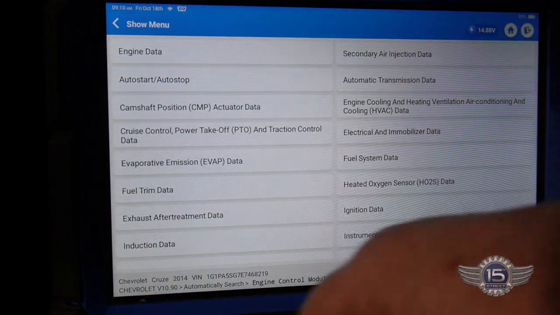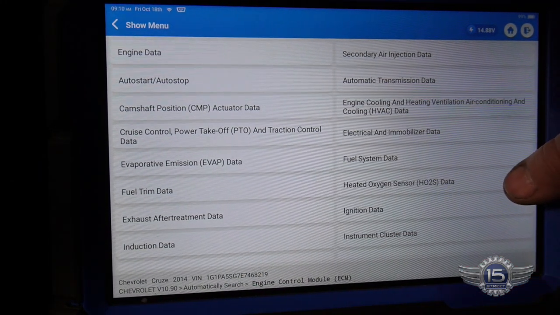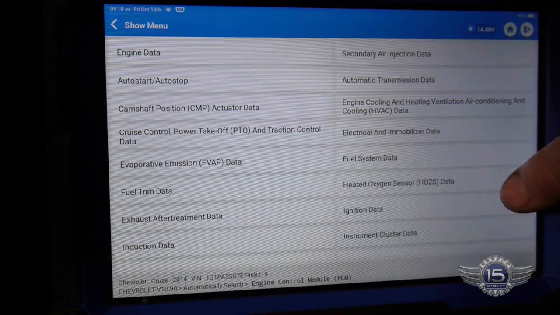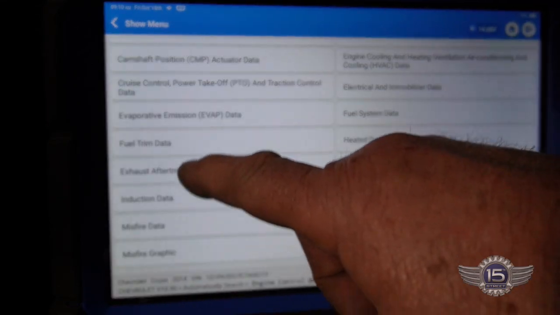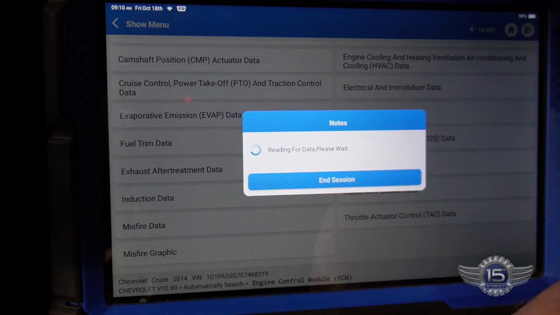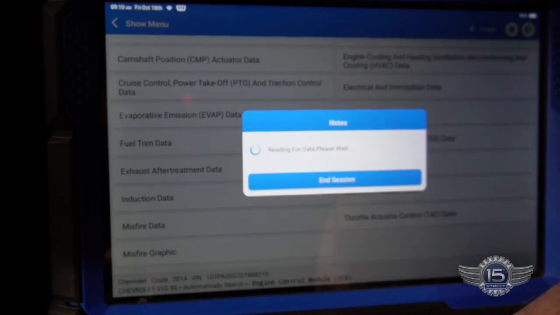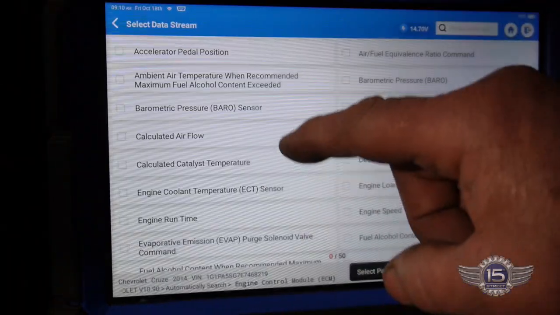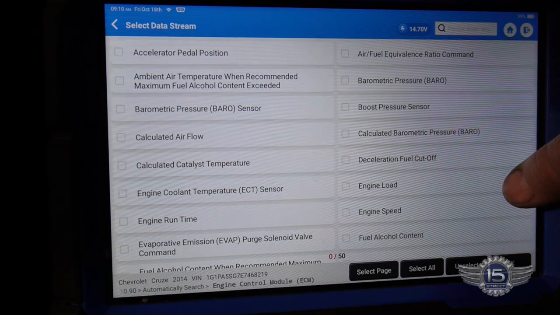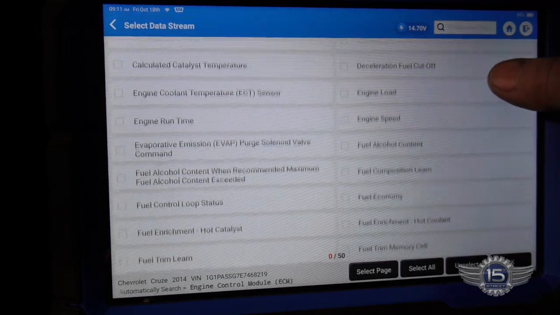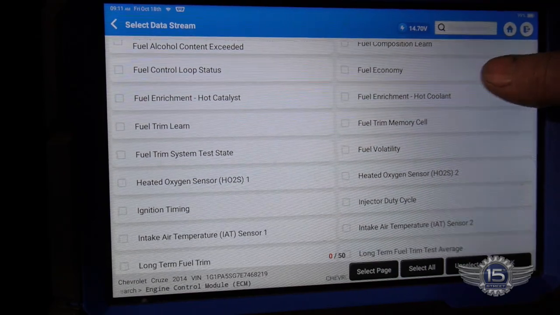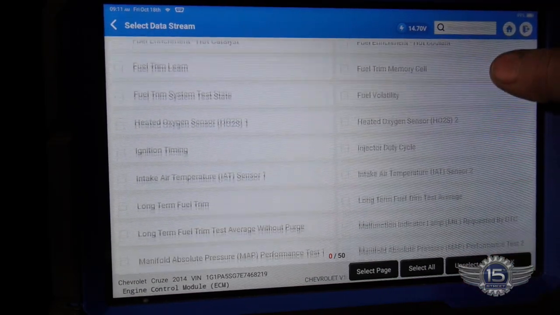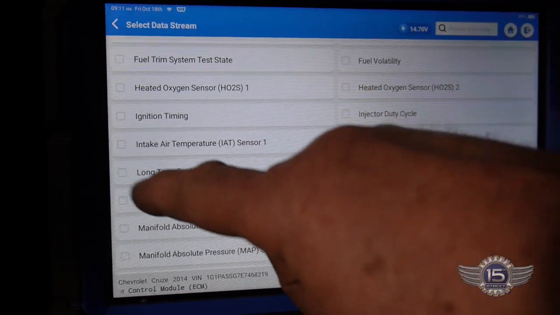Data stream. So these are our options here. Let's go look at fuel trim data. So you always want to take just the PIDs that you want to look at, otherwise it makes the refresh really slow.